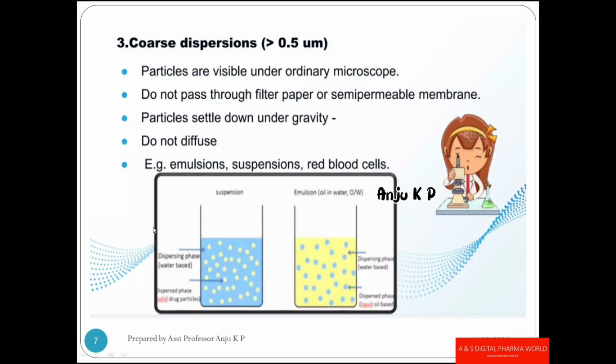Particles have a tendency to sediment, as we know in suspensions, so they can generally be separated by ordinary filtration. This system is heterogeneous, like the suspension and emulsion we studied, which are biphasic liquid dosage forms. A suspension is solid particles dispersed in a liquid, and an emulsion is one liquid dispersed as relatively large droplets in another immiscible liquid. This is what coarse dispersions are.